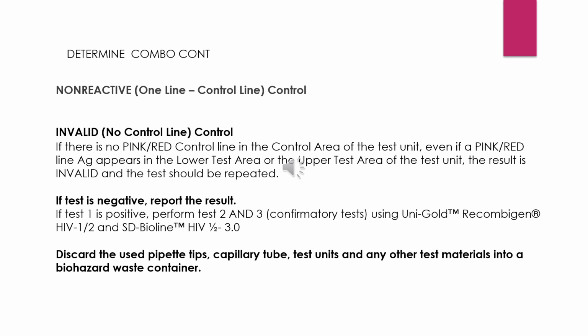But if the test is showing any of the positive findings like antigen or antibody, then the test will be repeated, and the next tests will be done with the second and third tests using Unigold recombinant HIV 1 and 2 and SD Bioline tests.